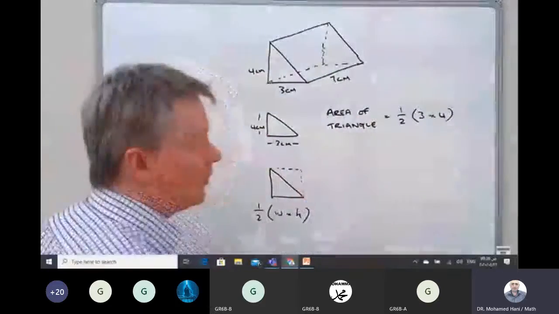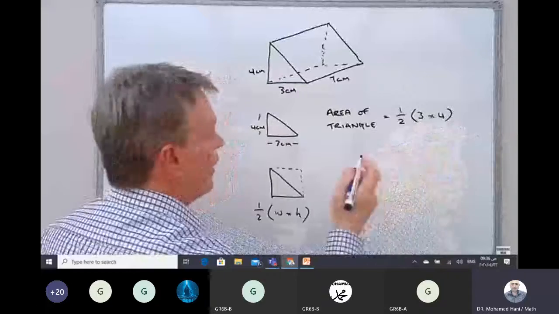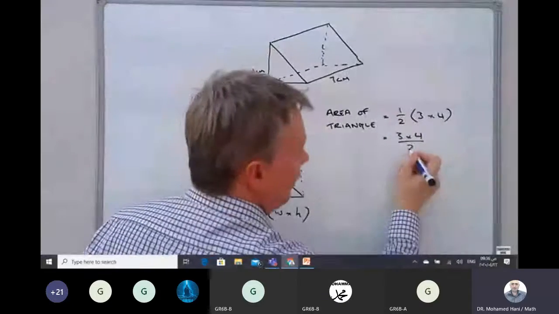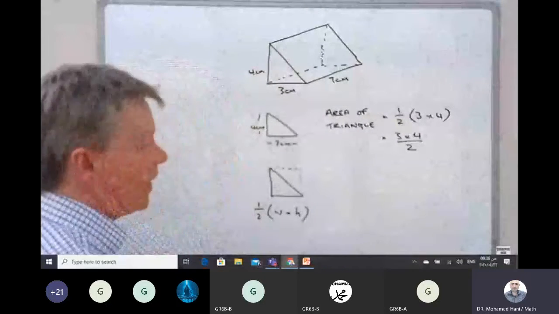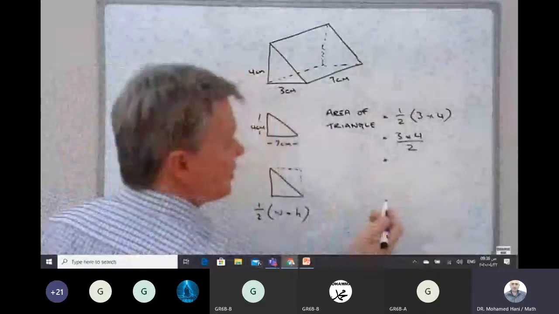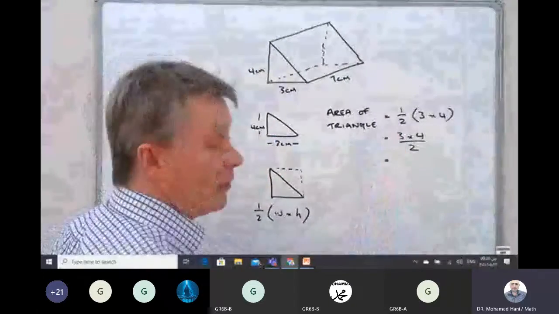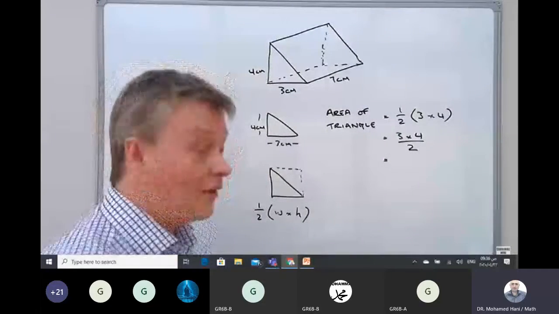Also with the area of the triangle, if you multiply a half times width times height, that's fine. You could write it as 3 times 4 divided by 2. That means exactly the same. So what we're going to do here is say 3 times 4, which is 12. And 12 multiplied by half is 6, or 12 divided by 2 is also 6.